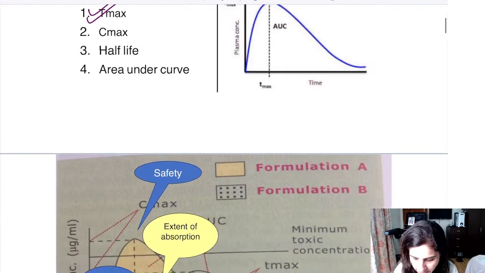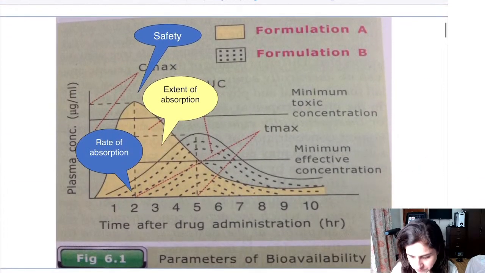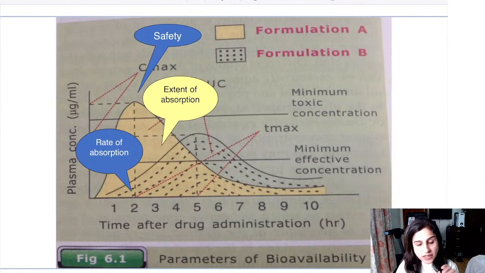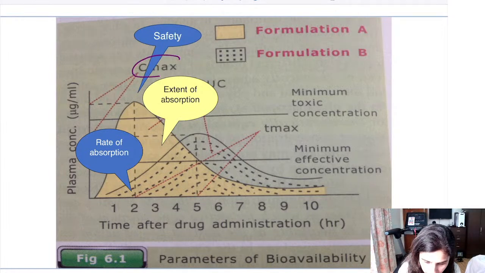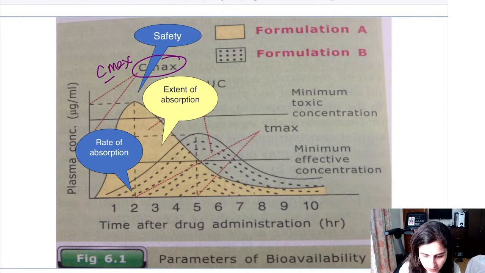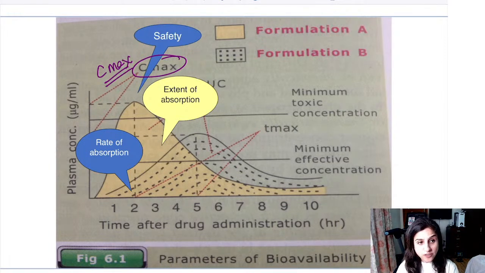So if you look at this graph, there are three parameters which are very important. The top here is your Cmax, the maximum concentration that has been achieved.